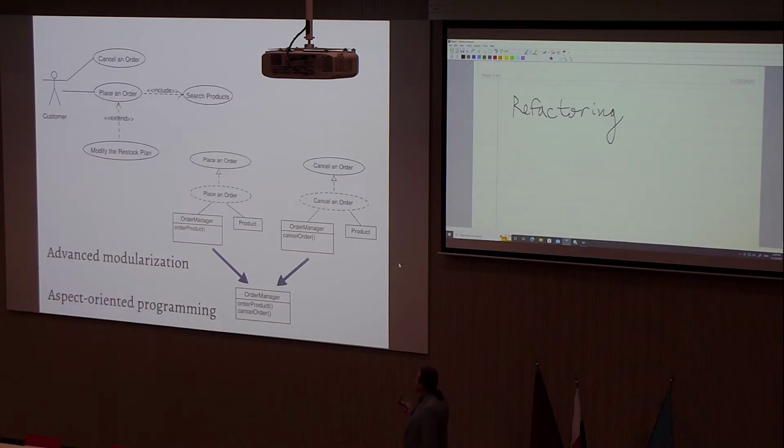When you design and think of your use cases like this, in normal object-oriented programming you need to put your order manager as a whole. But in aspect-oriented modularization, you could have your order manager with different perspectives, different versions that you can compose according to some rules that you set. You can imagine several different perspectives on your classes like this, and compose them as needed for different versions of your system.